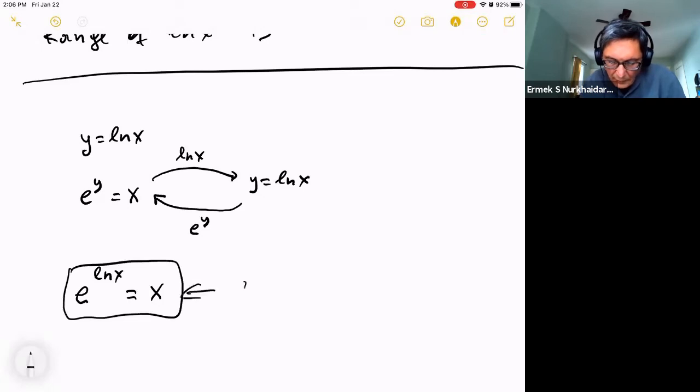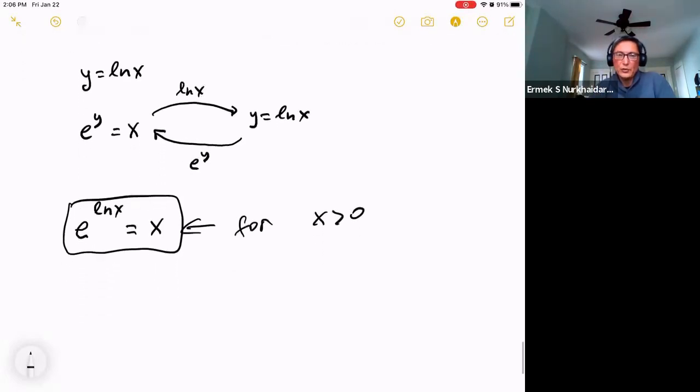And that's for x greater than 0, because ln of x has to be defined. If we cannot calculate ln of x, that expression makes no sense.